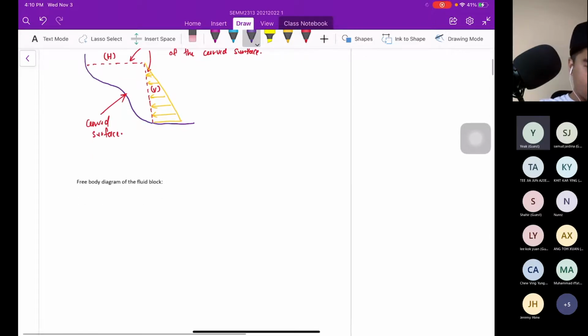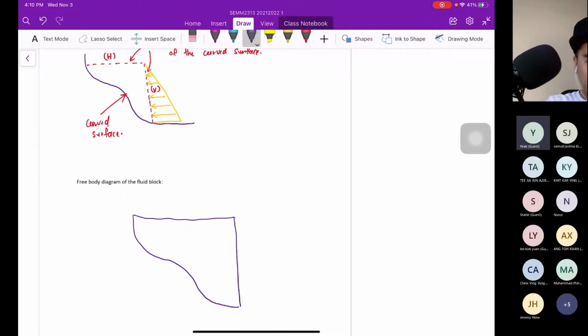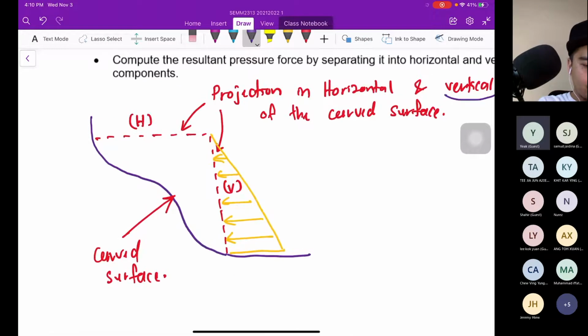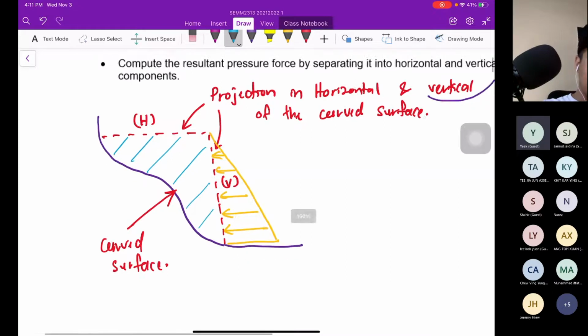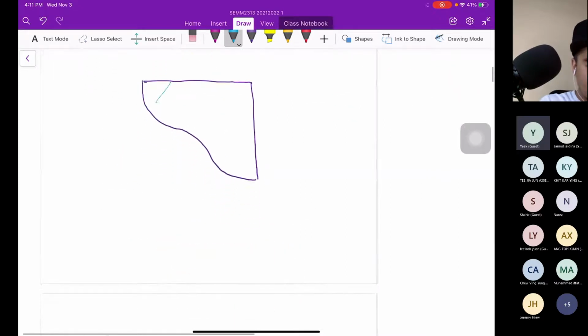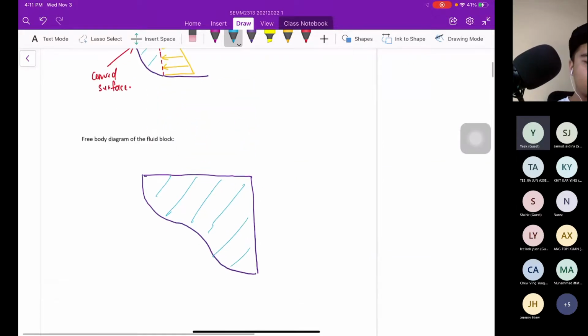So I try to draw again. Then I take out this portion, because this is the only element that we consider. This element, I take out to become like this. Definitely we have the weight acting downward.